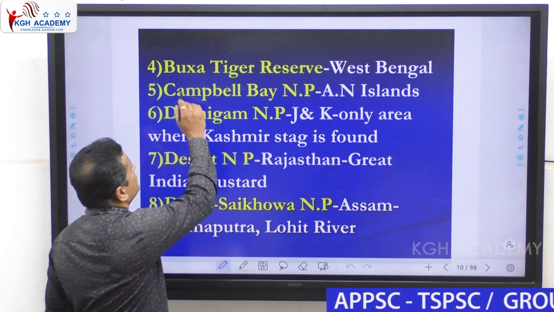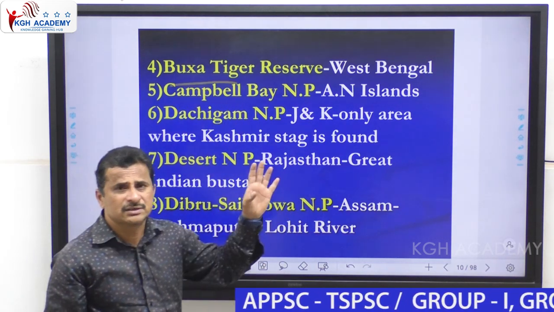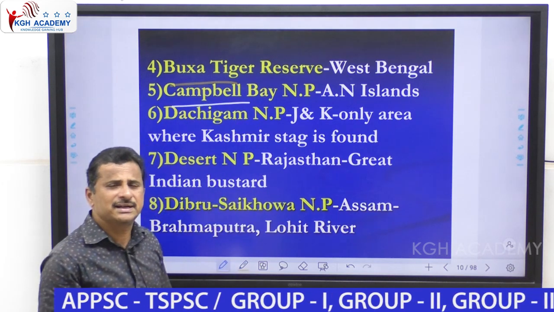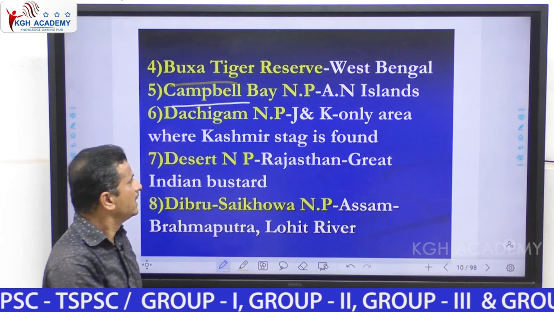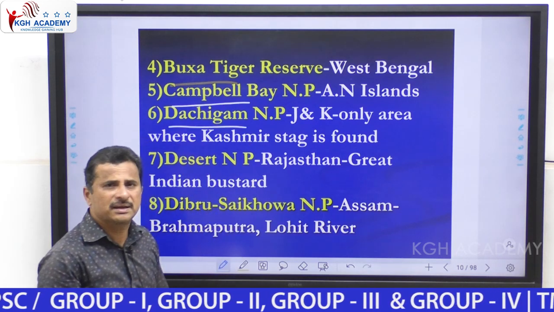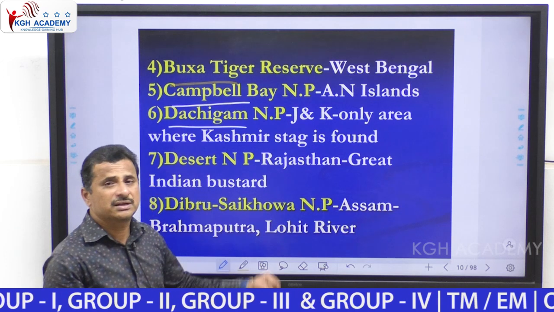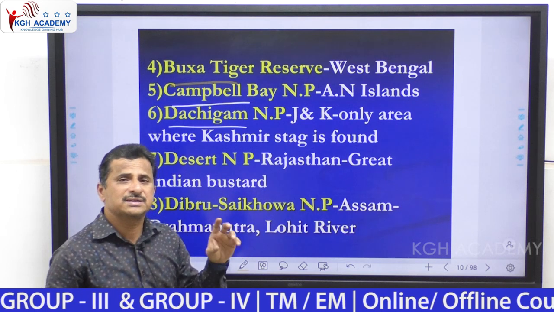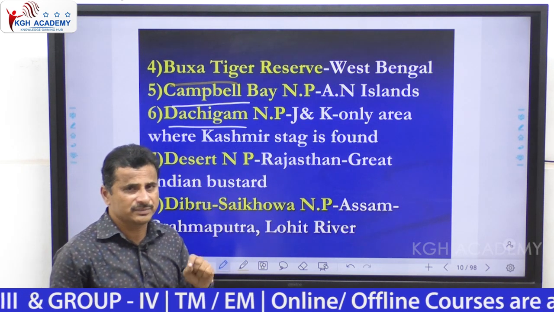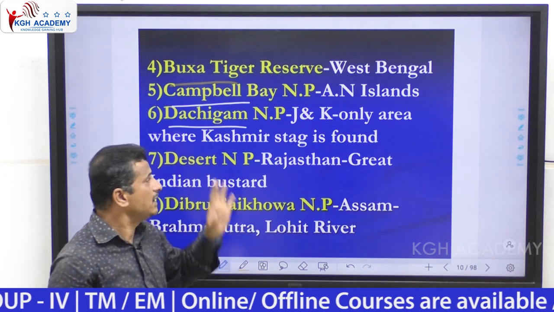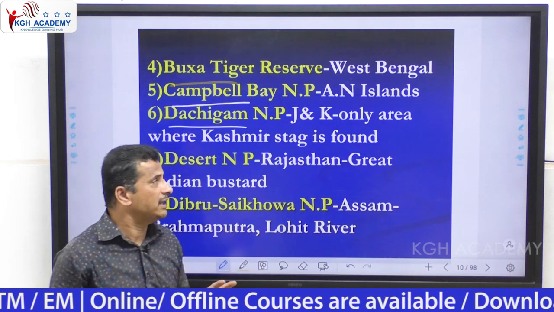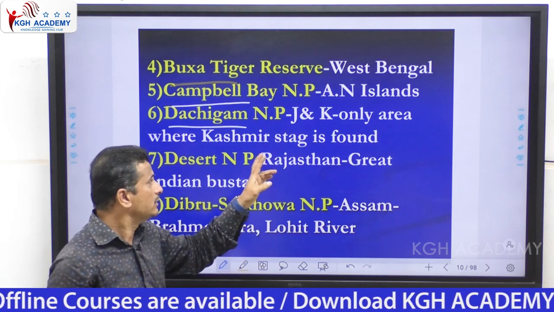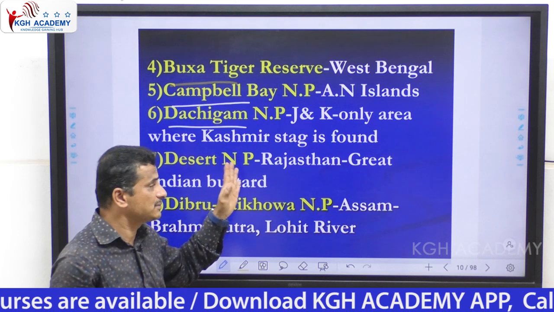Next, Buxa Tiger Reserve is present in West Bengal. Next, Campbell Bay National Park is present in the Andaman and Nicobar Islands, and Dachigam National Park is present in Jammu and Kashmir. Here the specialty is that it is the only area where the Kashmir stag is found. The Kashmir stag is the state animal of Jammu and Kashmir. In the entire country, only this national park contains the Kashmir stag.